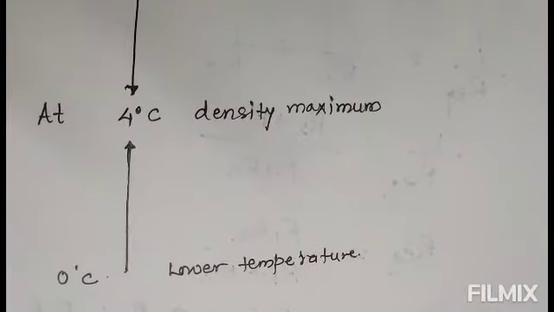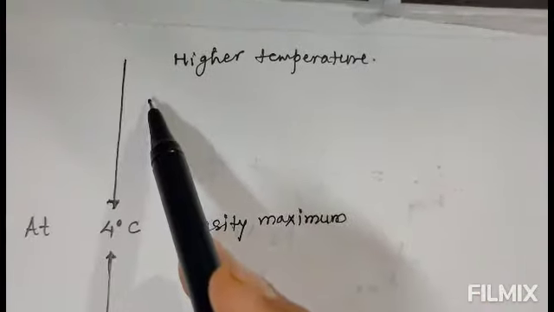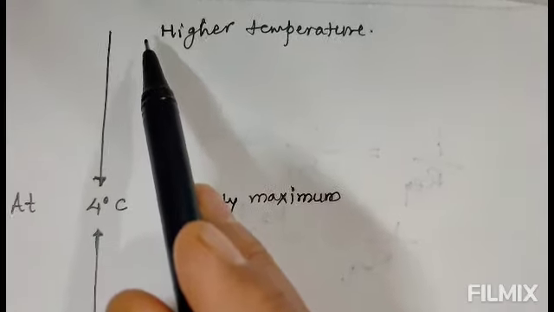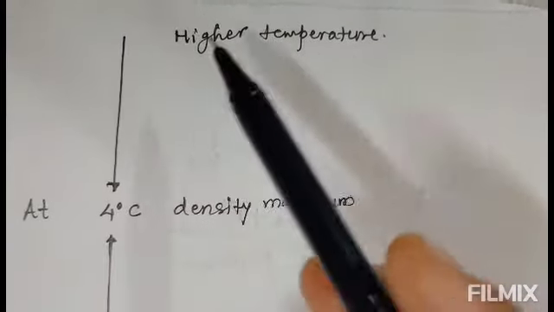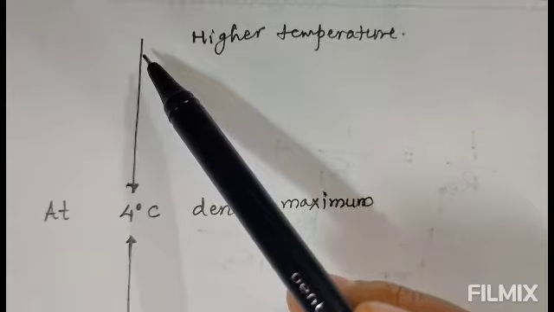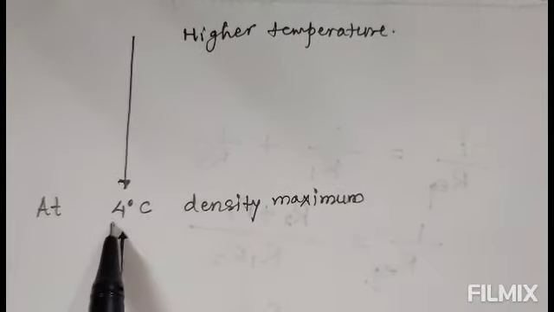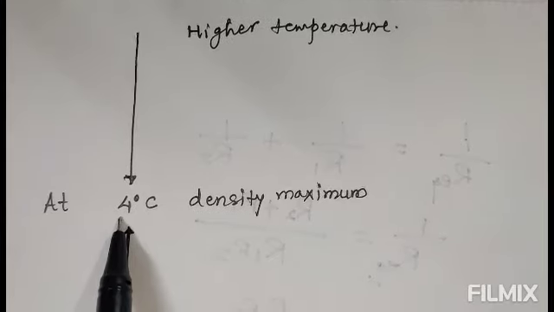Then above 4 degrees Celsius, the volume increases with increase in temperature, and therefore the density decreases. This means that water has maximum density at 4 degrees Celsius.